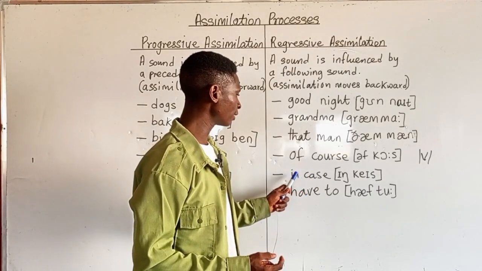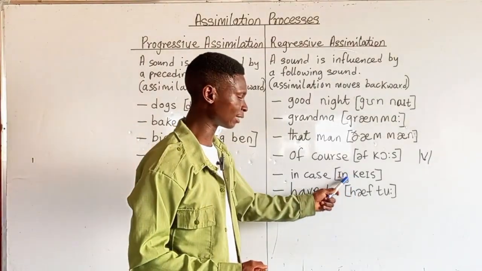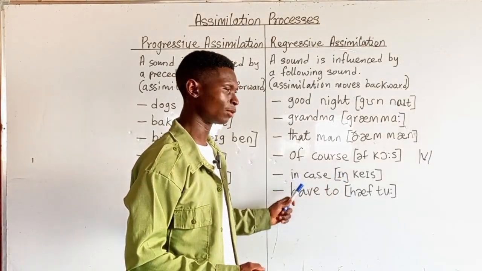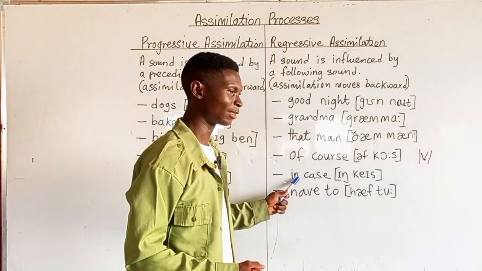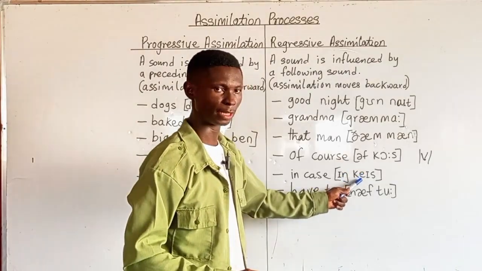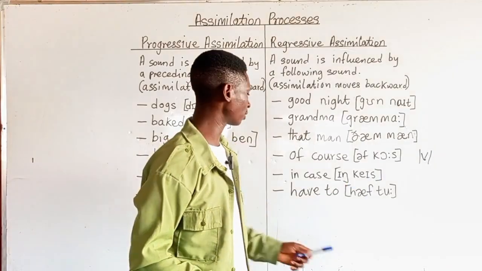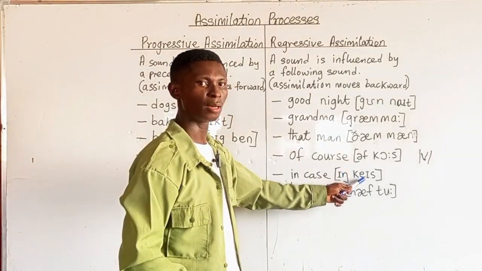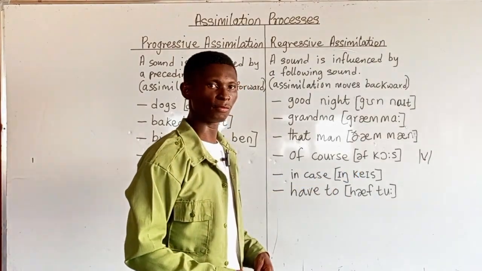Hence, it changes to the nasal sound that bears the features of the k sound, which is the velar nasal. This sound is known as velar nasal, whereas this one is alveolar nasal. So instead of having the tip of your tongue on your tooth ridge, you use the back of your tongue so that you will join the k immediately. Then you have ing-kase. So you have in case, not in case. All right. So this sound influences this one. So assimilation moves backward. The sound in front assimilates the sound before it.